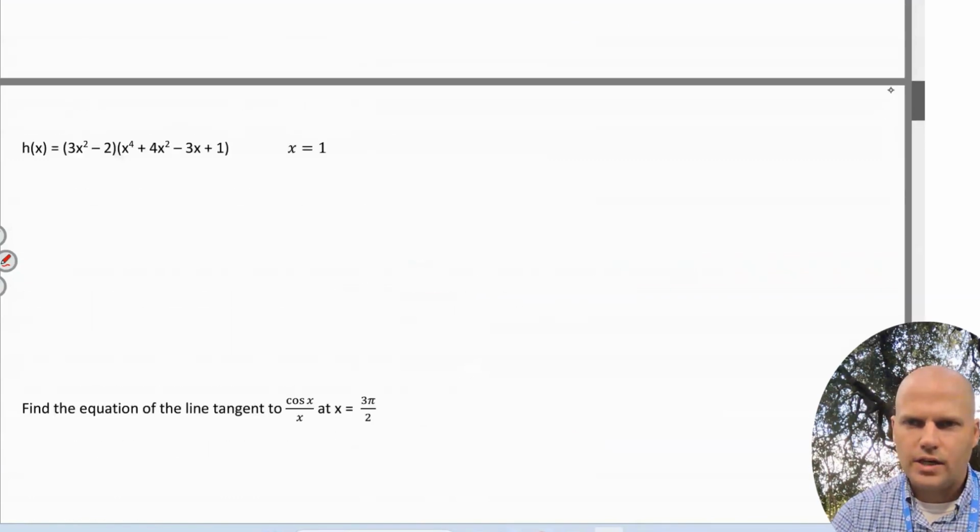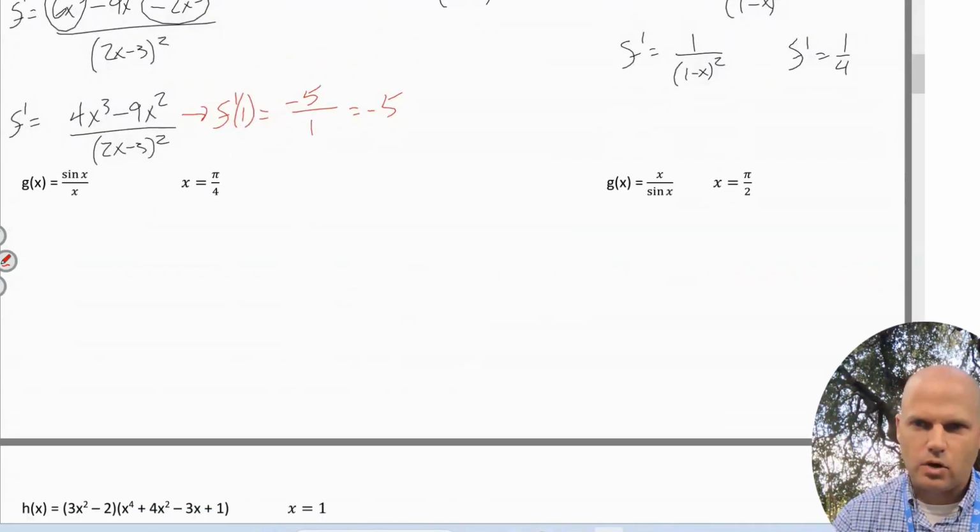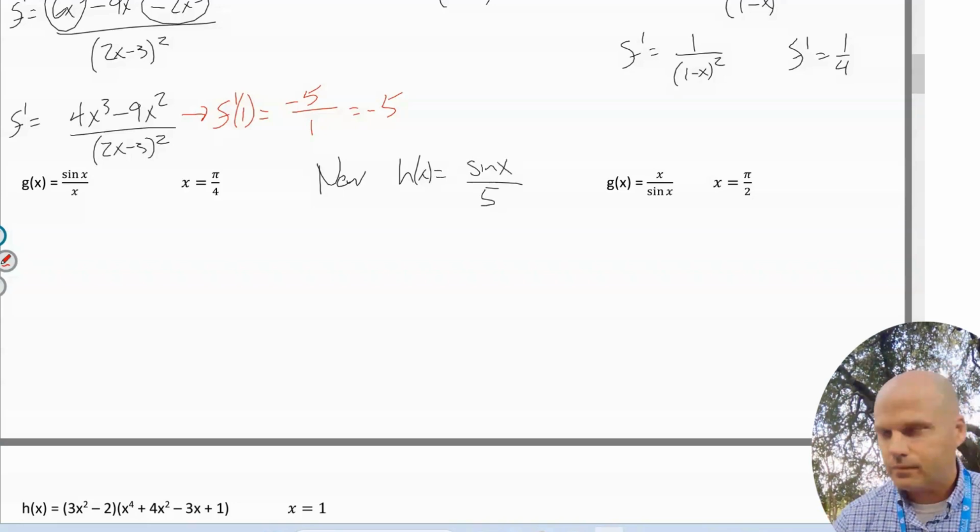All right, I don't give you any examples of like, hey, remember, you don't have to use the quotient rule here. So I'm going to give you an example here. So new problem. Next to g, let's put an h, which is sine x over 5. And it's like, oh, it looks like a quotient. Pay attention to this problem if you're just skimming through.